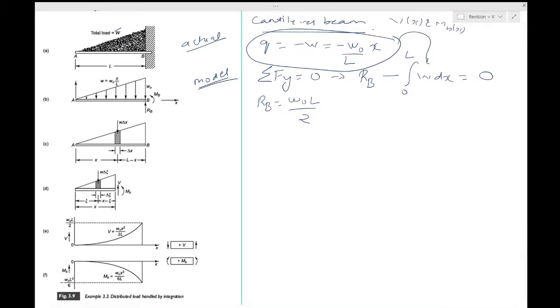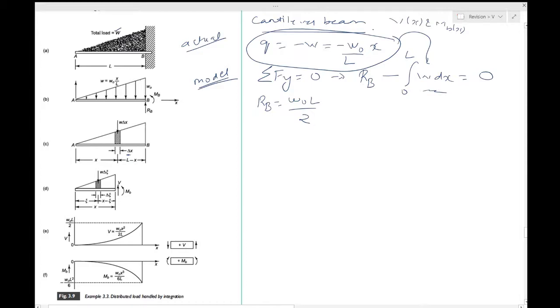This is how you have taken it, in the very same way as before: for a small delta x the total weight acting will be W delta x, and the moment you take the limit as delta x tends to 0 you are able to write this term and get the value of RB.